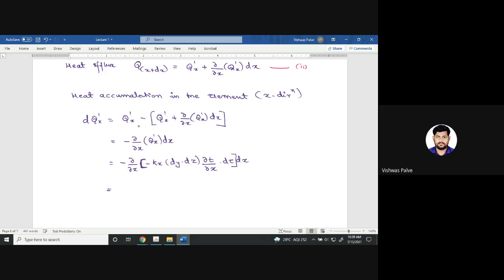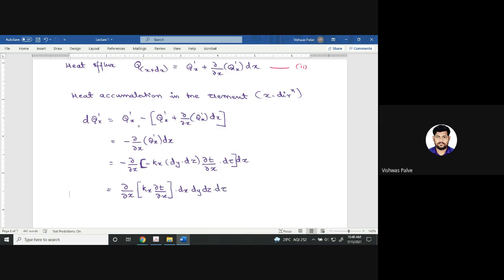Now this minus sign will get cancelled out. Dou by dou x in bracket, kx dou t by dou x bracket close, and this term we can write dx dy dz and d tau, right?